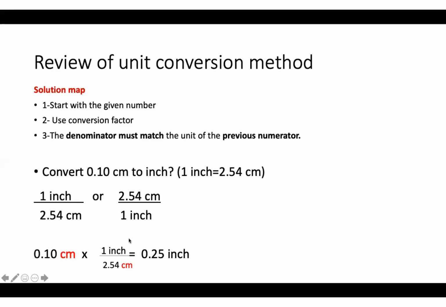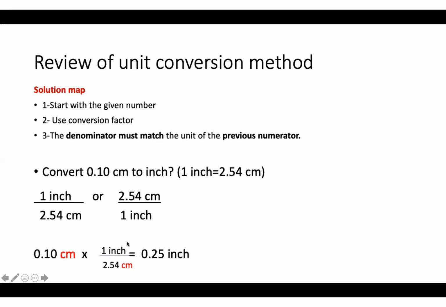At the end, we should pay attention. The unit on the top of the line should be what is asked for in the question. So I have an inch here at the end, because the centimeters are canceling out.